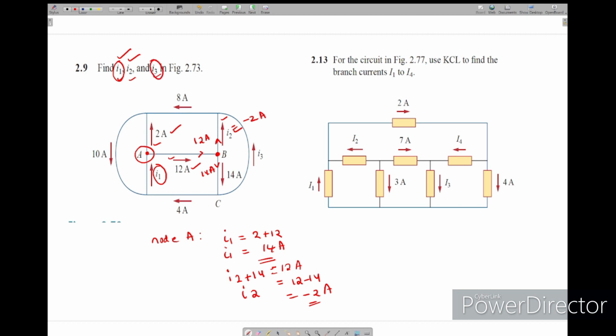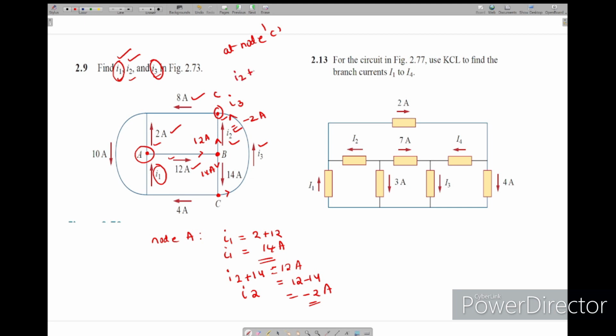Now we'll find I3. I3 is leaving from this branch and entering at this branch. So I3 is entering at this branch. We now know I2 and 8 amps, and I1 is incoming. For this particular node, node C, what all is entering?